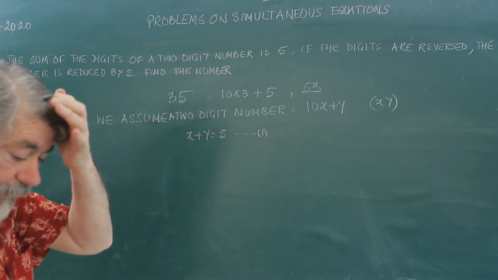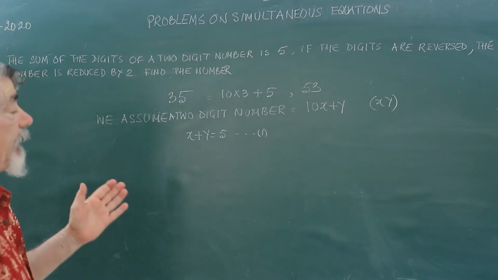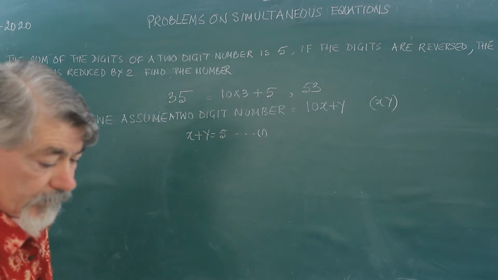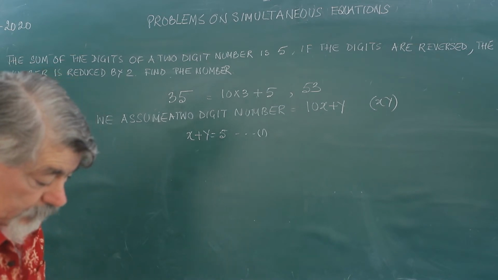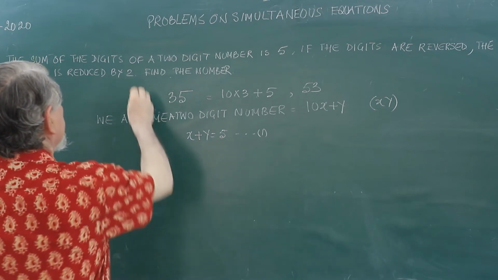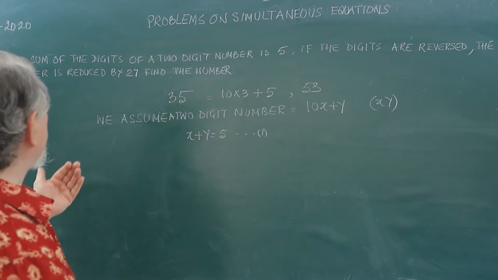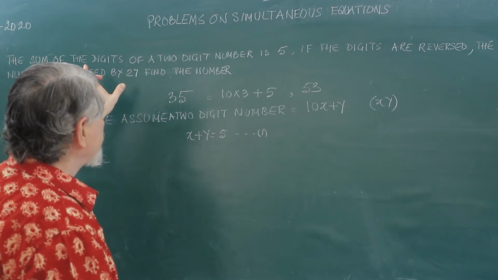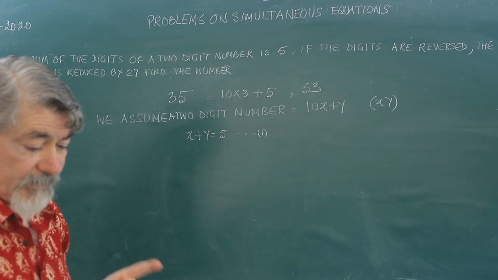That if the number was 10x plus y and it became 10y plus x, the number is reduced by, not 2, 27, sorry. If the digits are reversed, the number is reduced by 27. That means the original number minus the reverse number is going to be 27.